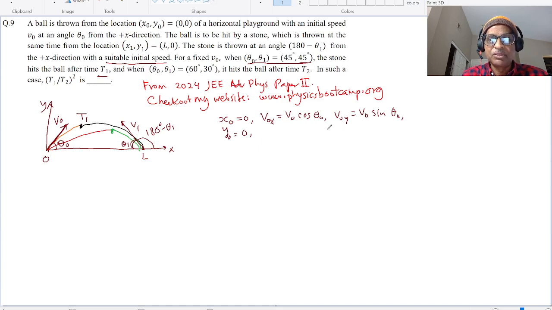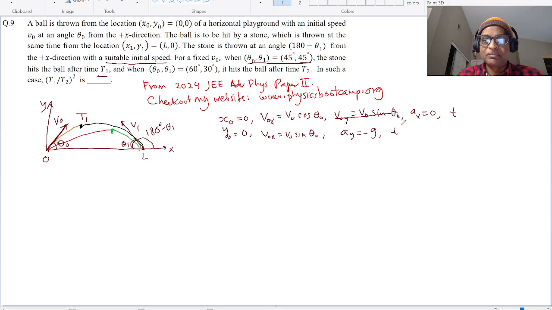I should have written this over here: V0x equal to V0 cosine theta 0, ax equal to 0, ay equals minus g, and the time at some arbitrary time t after this initial time. So this you can write down.